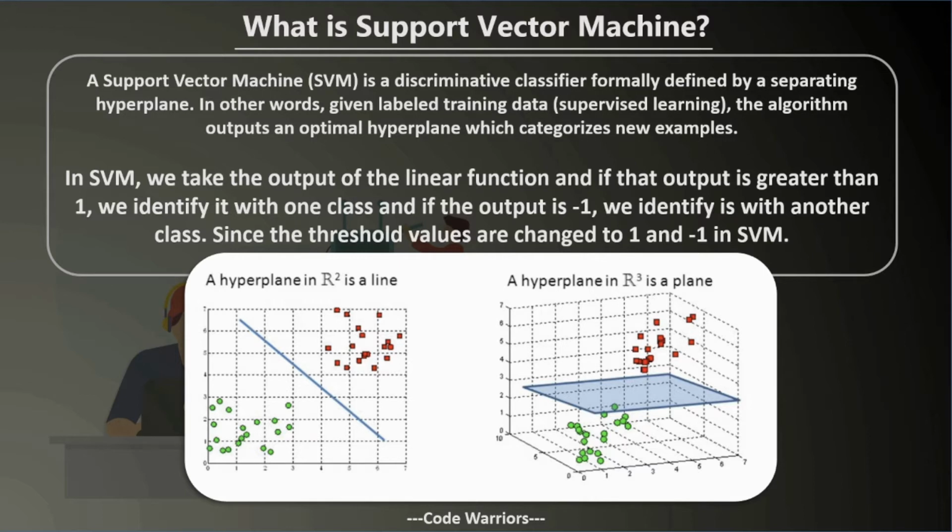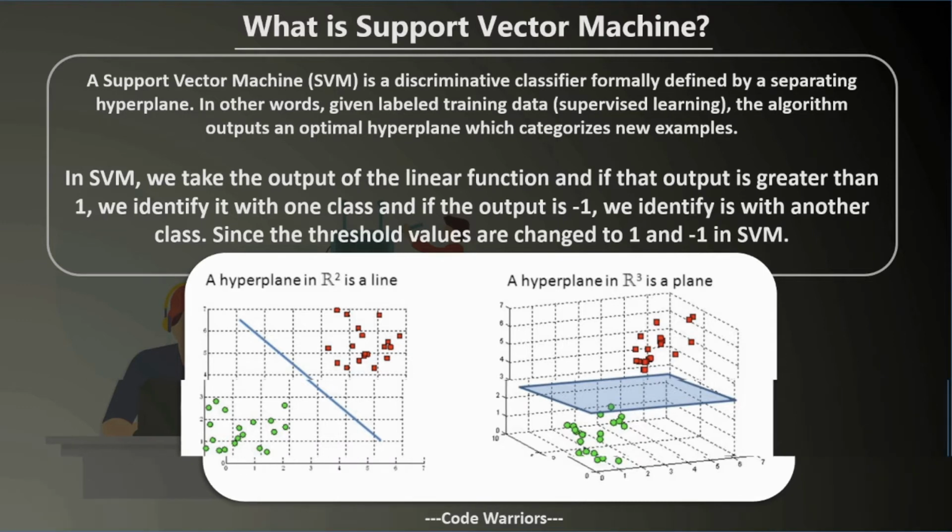So if you try to understand this hyperplane, there will be a line above it and a line below it, and the above line will be treated as 1. All the data points whose output from the linear function goes more than 1 will be treated as class red, and all the data points whose output value goes less than -1 will be identified as data points of class B, that is here class green.